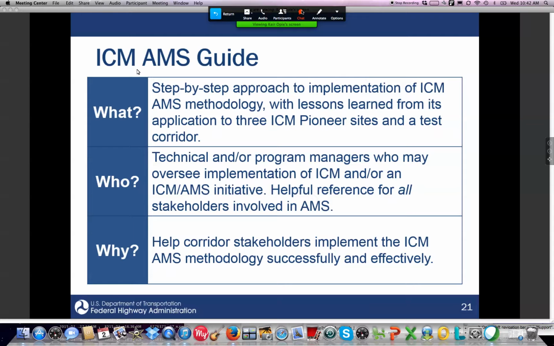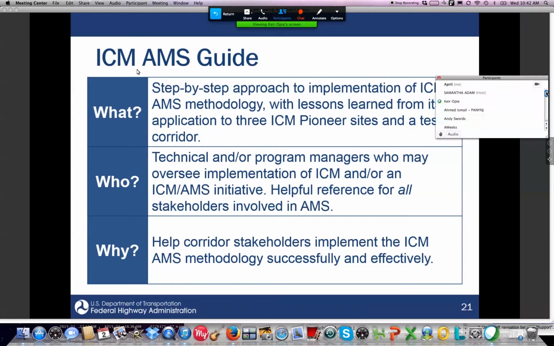Anybody who really is going to be involved in an ICM application, it's useful information in there, whether you're on the technical modeling and analysis side, or whether you're a program manager who is overseeing an effort. There's something in here for all of you. The idea behind this is to help stakeholders implement ICM systems that are out there.